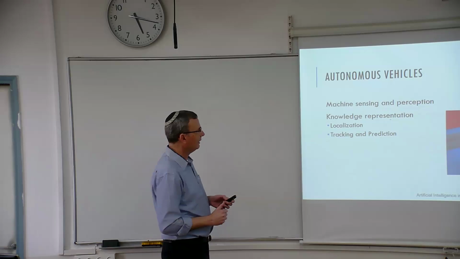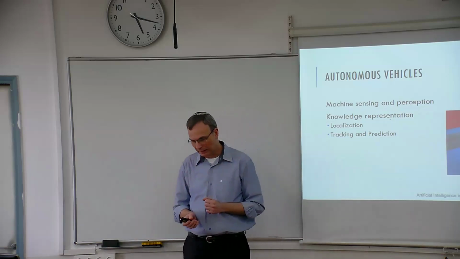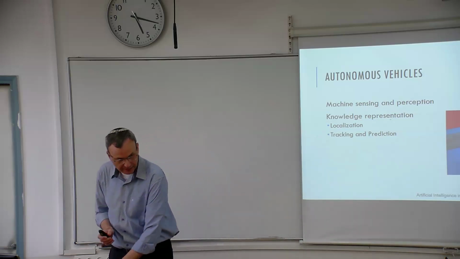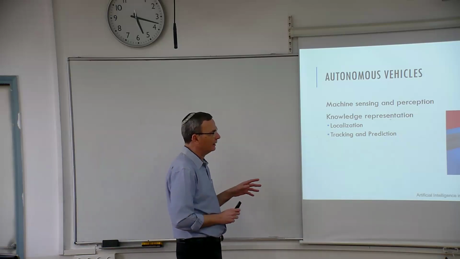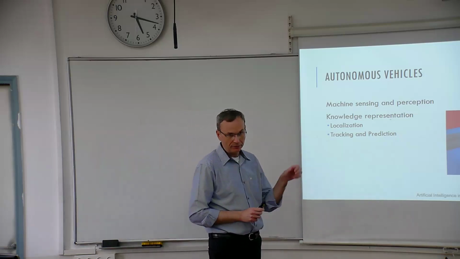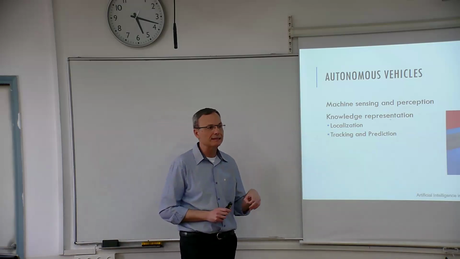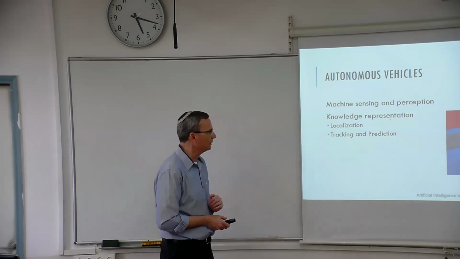In order to have autonomous vehicles, and I spoke about it earlier in the course, but let's repeat, you need machine sensing and perception. And this is very similar to what I said before about reinforcement learning. You need to know your environment, to sense it, to understand your state inside the environment and what is going on around it.